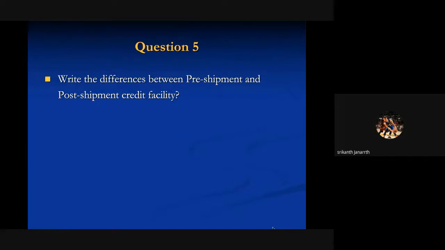The performance needs to be done by the exporter. The payment needs to be done by the importer. Therefore, you need to say involve performance and payment risk of exporter and importer respectively.